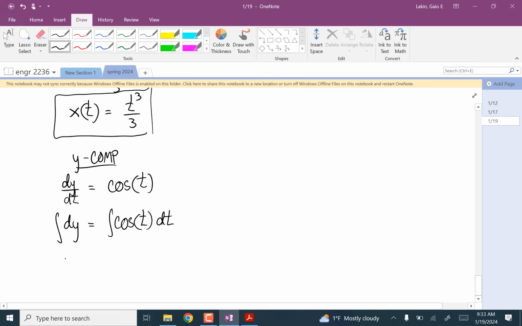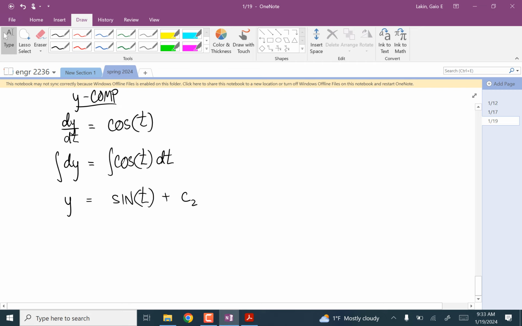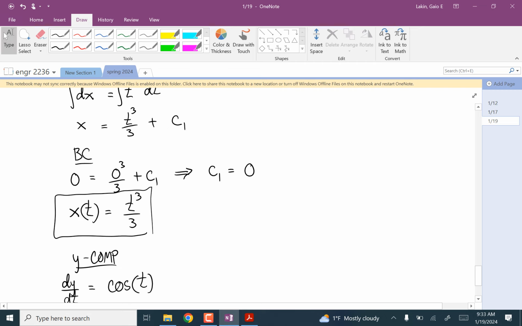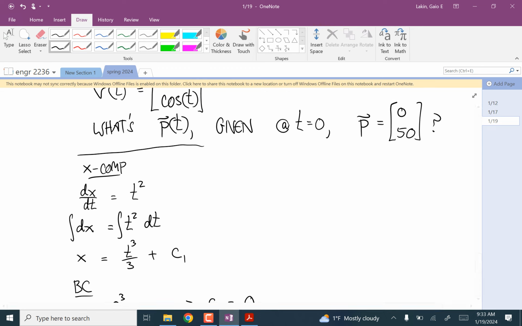Integrate both sides. y is equal to sine of t plus C2. Now use the boundary condition. It says that if you set time equal to 0, you have to set y equal to 50.